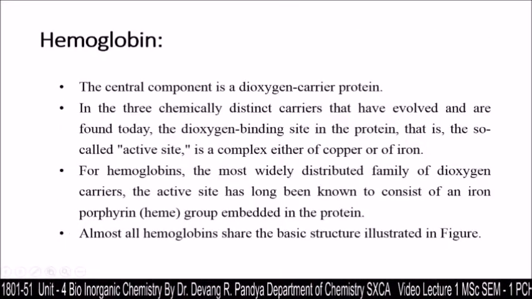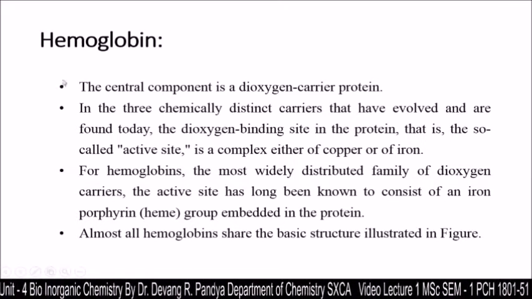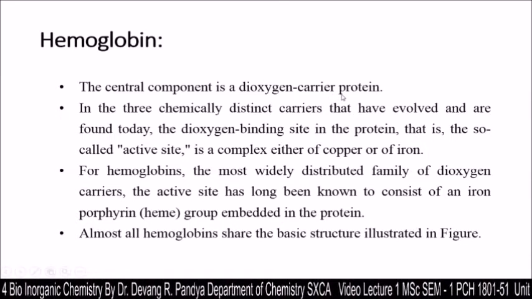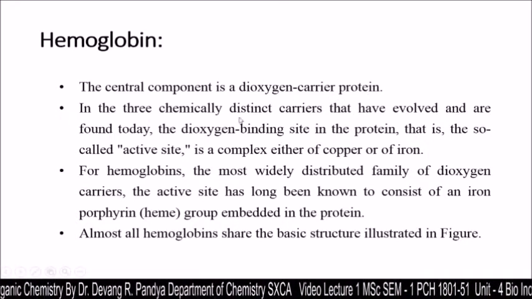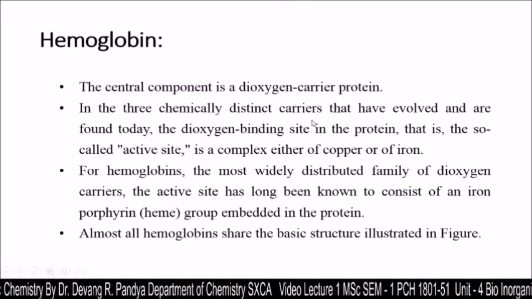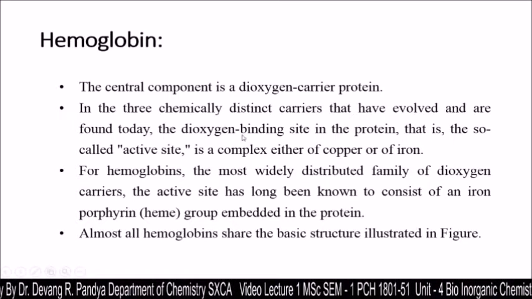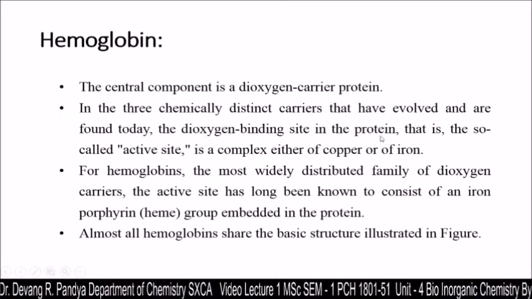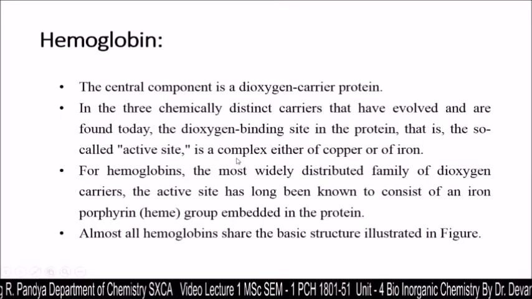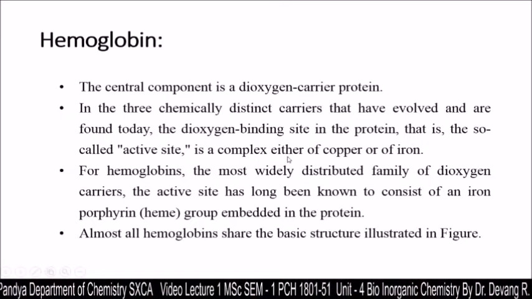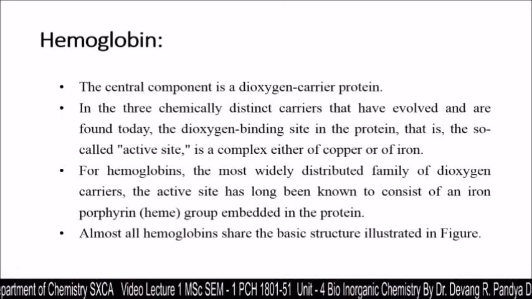Now hemoglobin, the central component, is a dioxygen carrier protein. In the three chemically distinct carriers that have evolved and are found today, the dioxygen binding site in the protein, the so-called active site, is a complex either of copper or of iron.